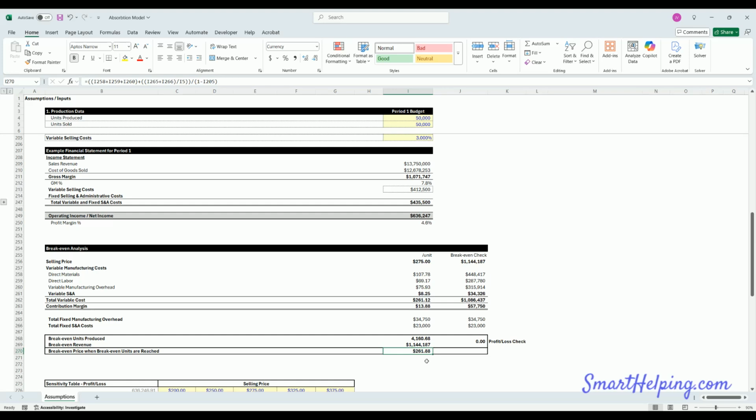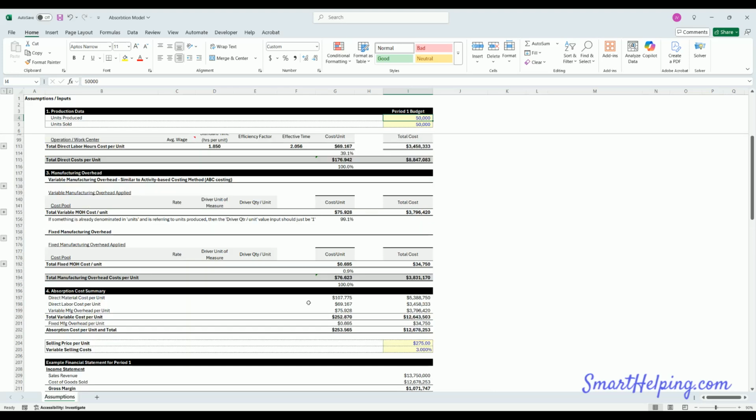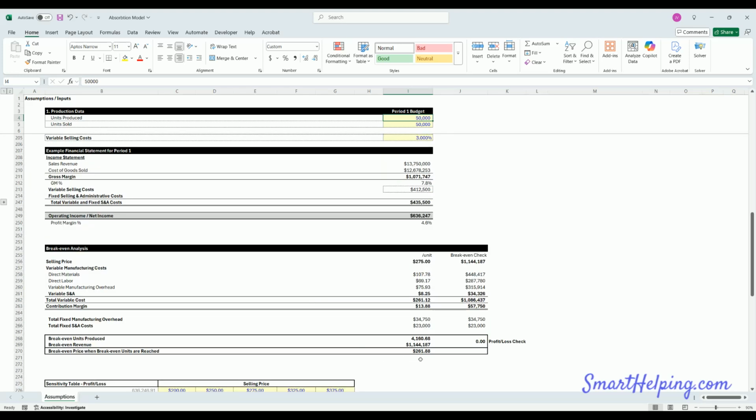So here it's saying, based on this units produced and all these other assumptions for your costs, at 4,160 units produced, your break-even price, no, sorry, at $261 based on 50,000 units being produced, you can sell at $261.88.